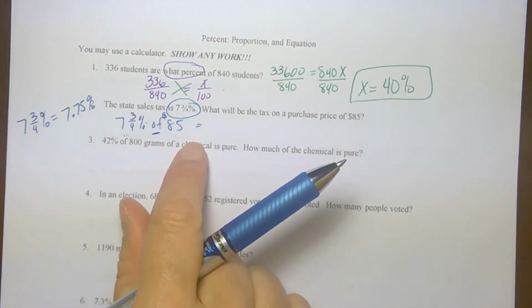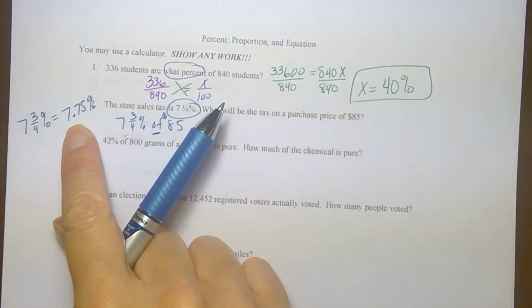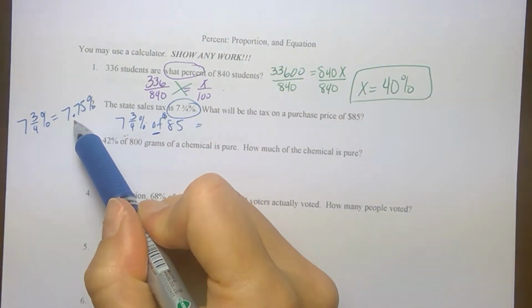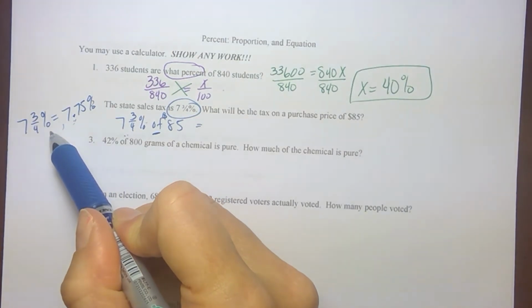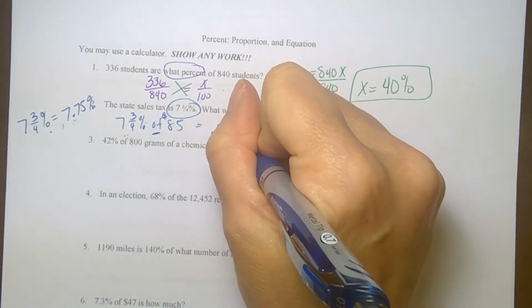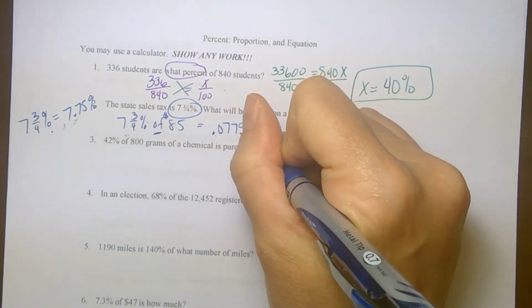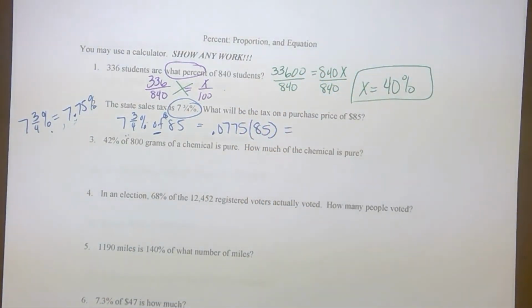But when I work with it as part of a problem, I change it to a decimal. So when I change percent to a decimal, I move the decimal place back 2 places to the left, which gives me 0.0775. Of means to multiply. So I'm going to multiply that times 85.